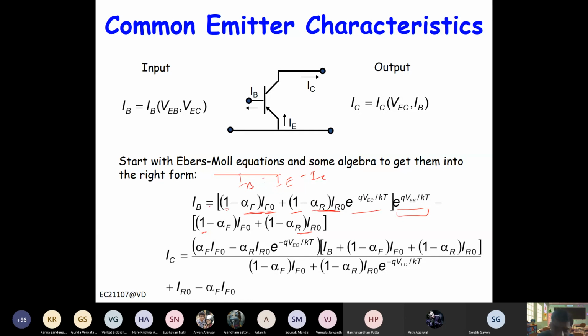So basically it's the subtraction of these two terms, IE minus IC, where VBC is written as VBE minus VEC.